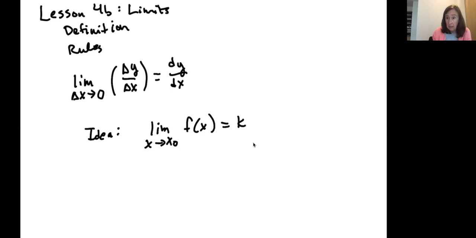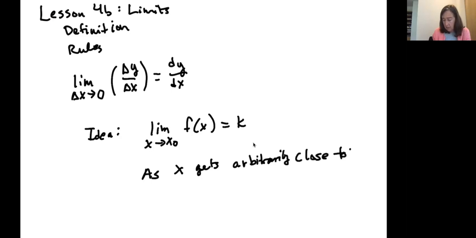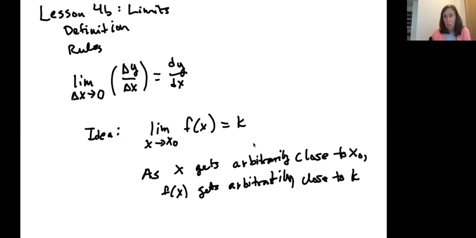The idea is as x gets as close as you want, arbitrarily close, that's what we like to say, as x gets arbitrarily close to x0, f of x gets arbitrarily close to k. Okay, that sounds okay. So let's try to write that out precisely here.